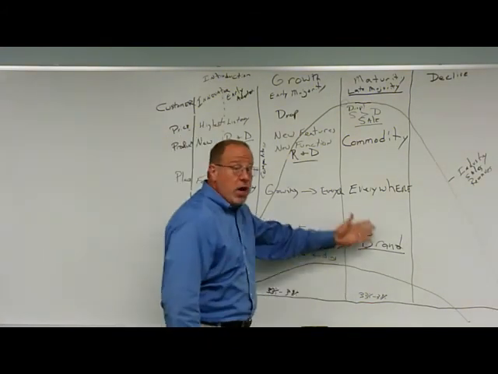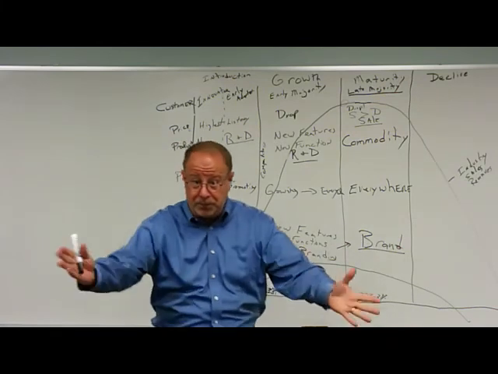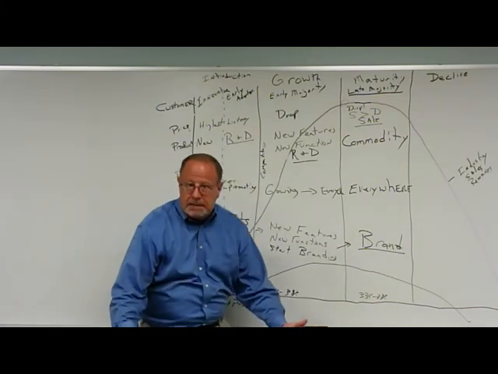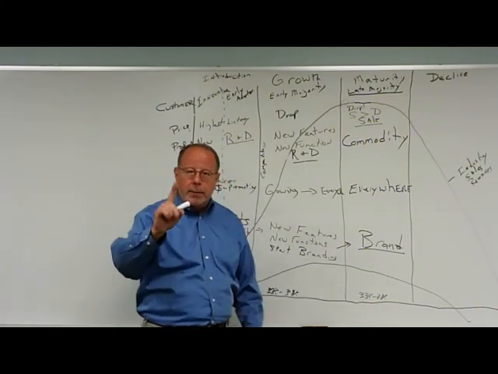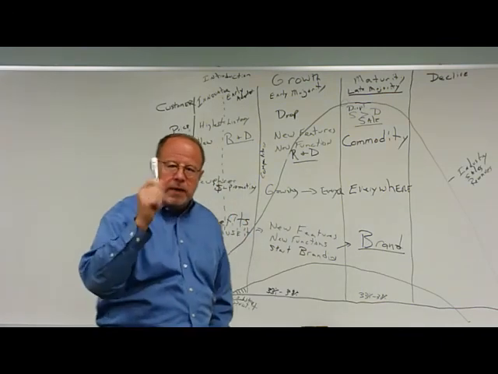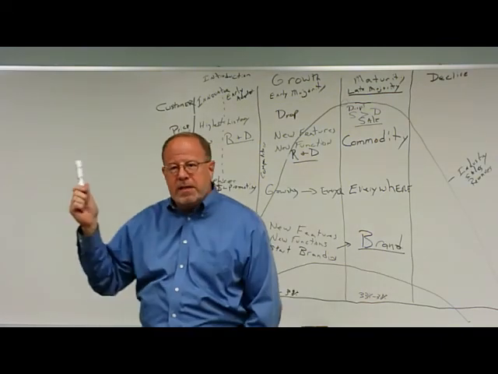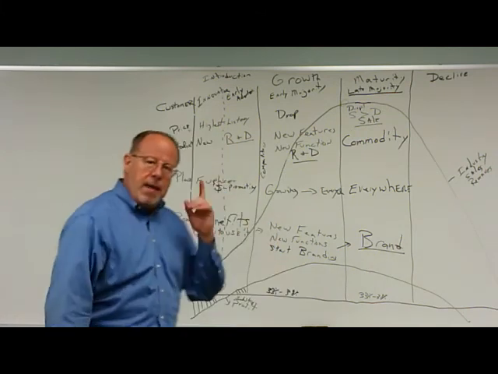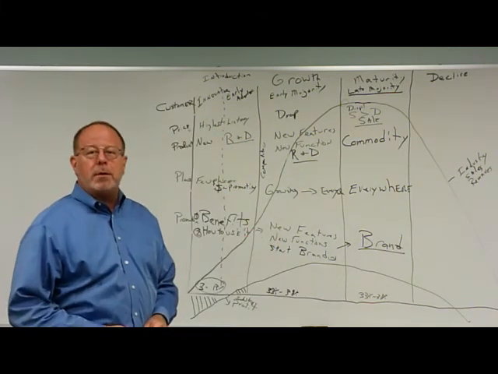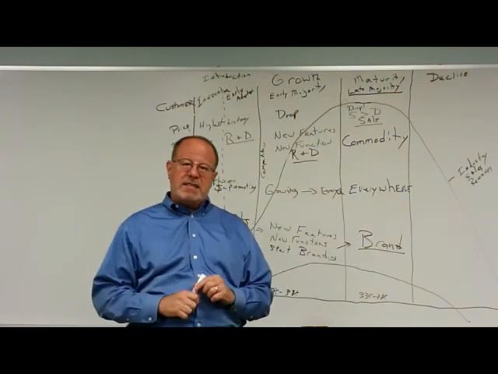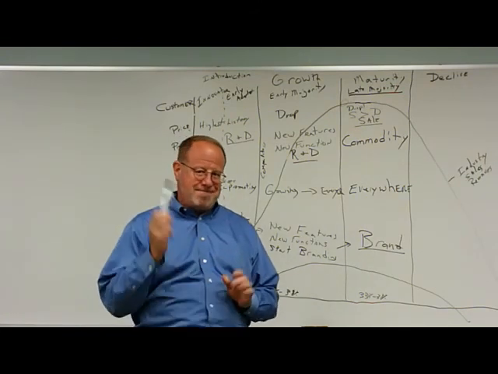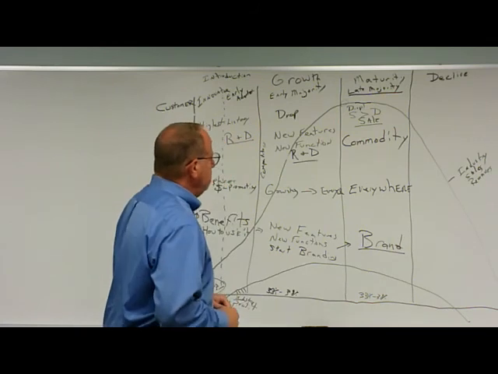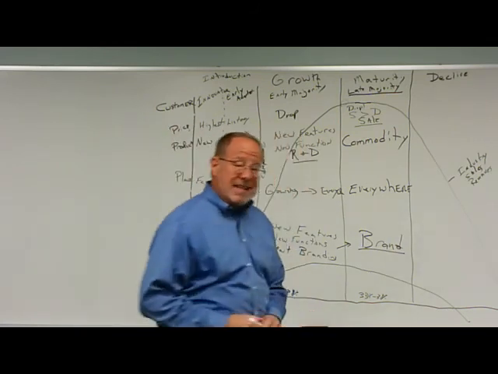We are in the maturity phase for shirts. Yeah? But the brand. So if I can convince you that this brand is better, maybe it's better because it has better quality. Maybe it's better because it's more popular. But it has something that makes it better. Branding.